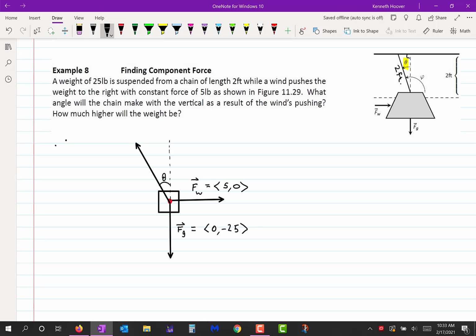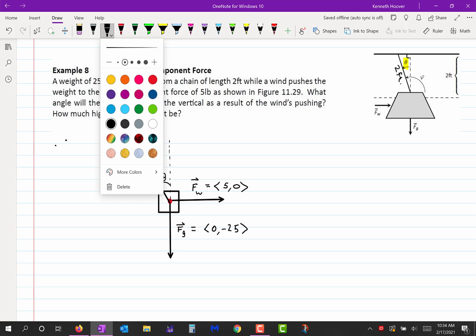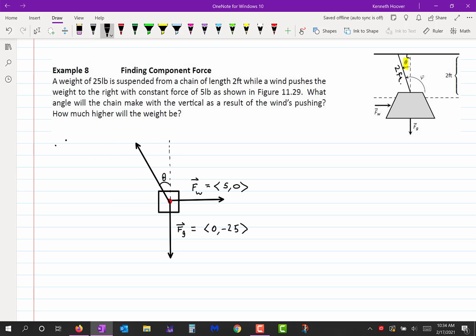Since there's only one of those, let's just call that F_T, since it's a tension force. Now, how long is that?